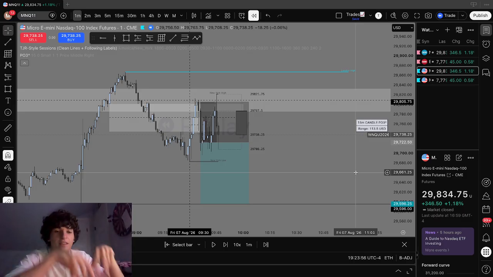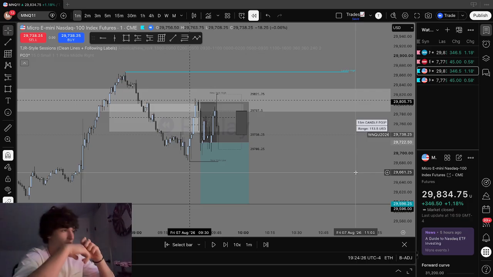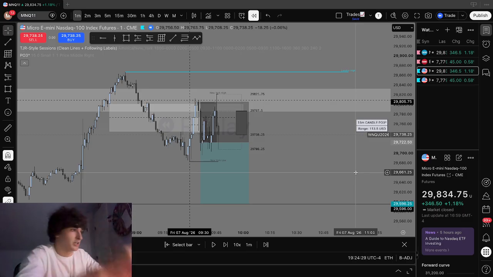And I remember the thing that I learned today is that we have to have a build up of LR before we take the inverse. And what I knew prior and didn't follow in this trade is that if it's an unmitigated fair value gap, you should wait for a stop hunt if there's no intermediate high or intermediate low within the fair value gap that you can sweep and then look to target lower, or vice versa.